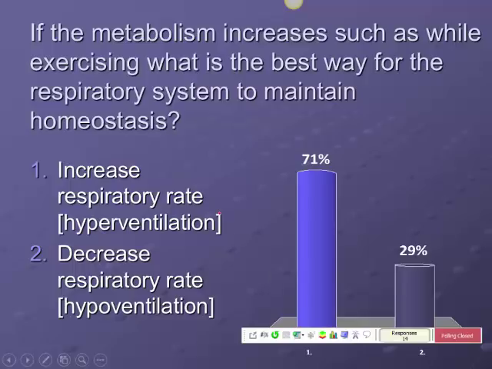Increase respiratory rate. Yes, if your metabolism increases, you're producing more carbon dioxide. More carbon dioxide means you're going to produce more hydrogen ions. You don't always have to be exercising.